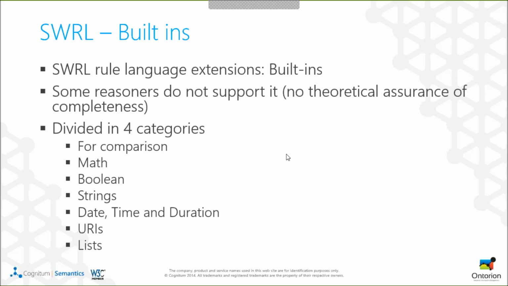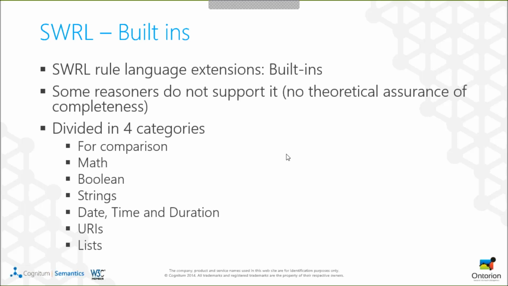The only problem you have with built-ins is that some reasoners do not support them. For example, HermiT does not support built-ins because there is no theoretical assurance of completeness. So when using built-ins, you're not 100% sure that everything will finish. It's related to what I was telling you before about DL safe.